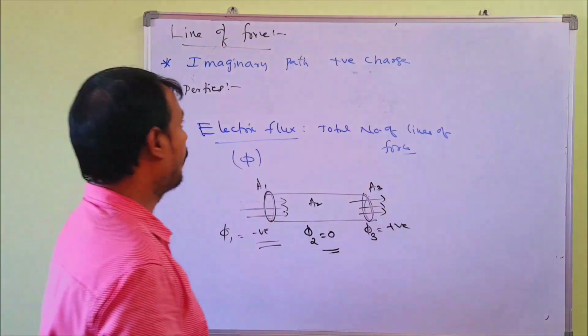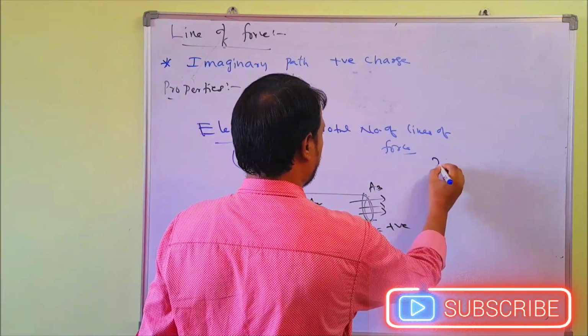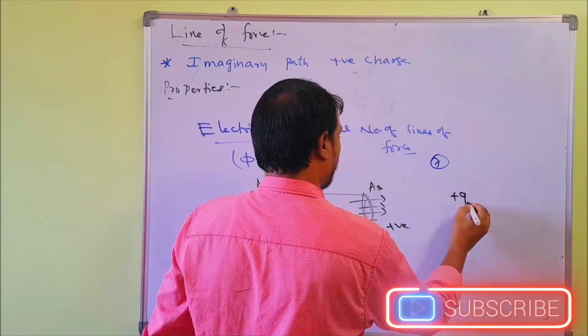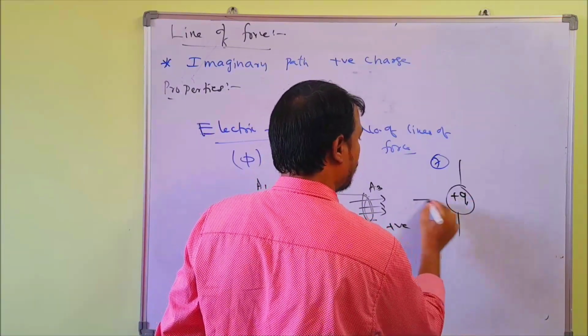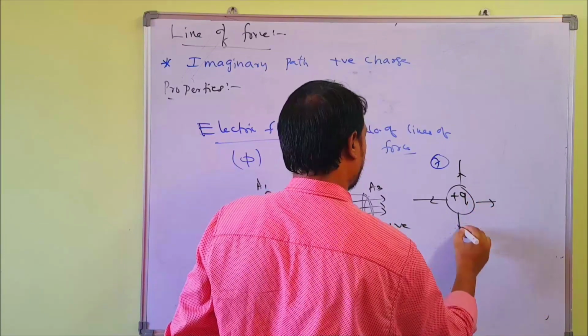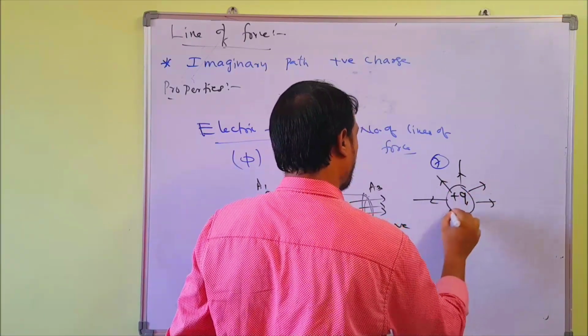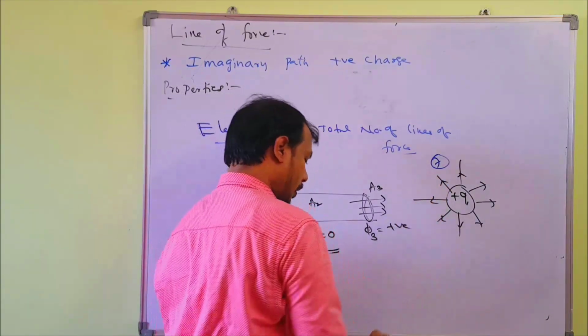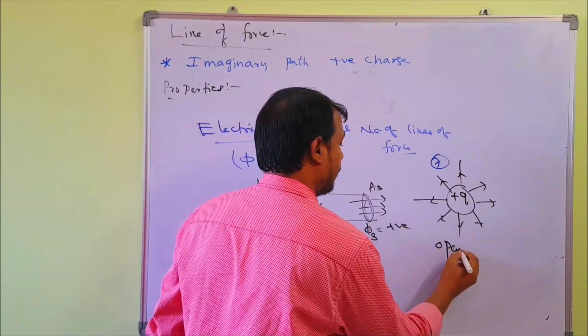Next, one more property of lines of force, I think this is the seventh. See a positive charge plus Q, lines of force are radially outwards. Already we discussed this isolated positive charge. These lines of force are open lines.